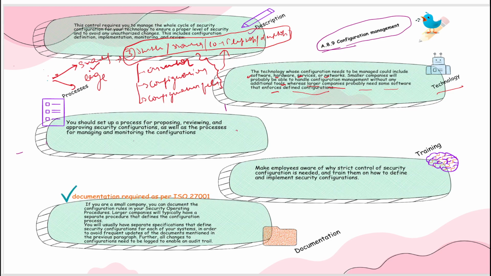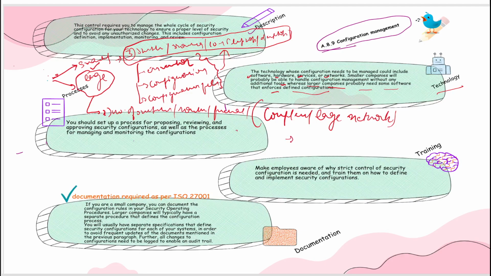But for example, if you have 50 or 100 switches in a complex environment, a large number of switches, routers, firewalls, in a nutshell a complex and large network, and a few thousand employees and endpoints, it is very hard to manually monitor and push configuration to all machines together.